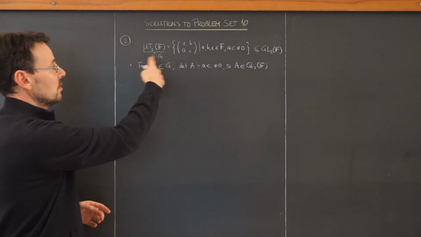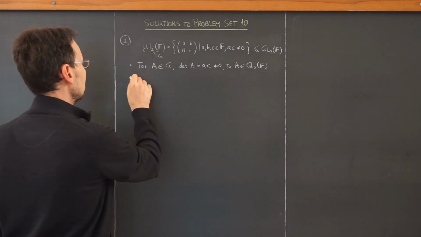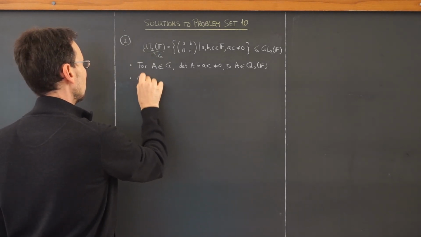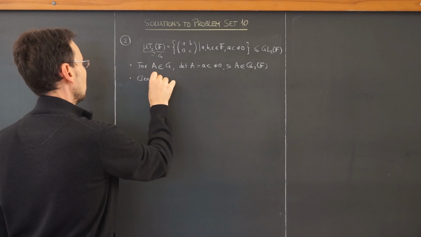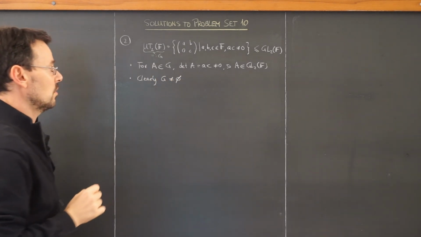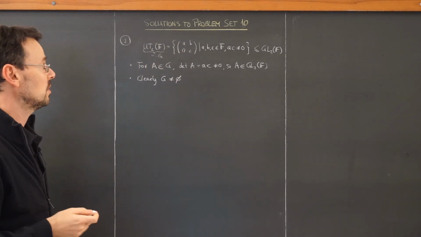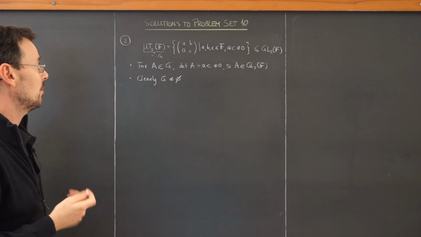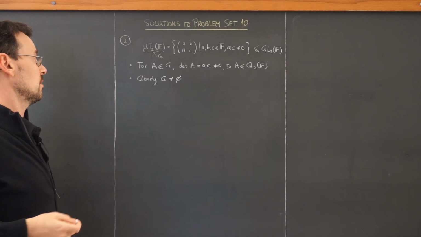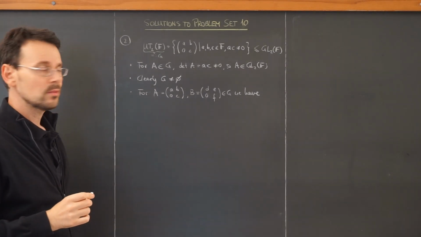So this here, G, is a subset of GL_2(F), and clearly it is not the empty set, because again, for example, the identity matrix would be by definition an upper triangular matrix. So let's again apply the condensed subgroup criterion.